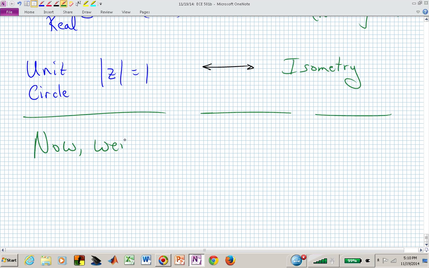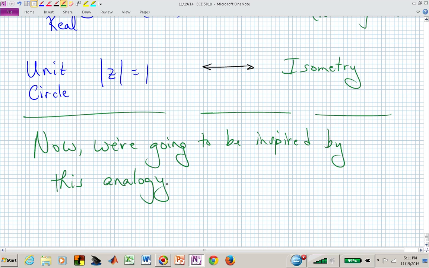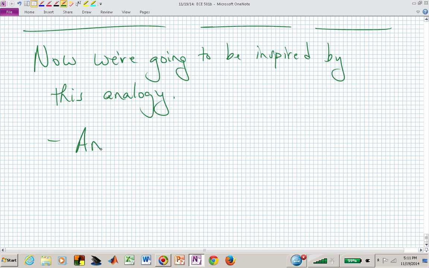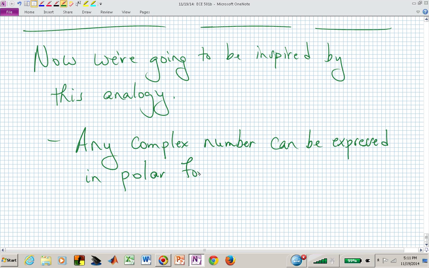Let's now use those to inspire us into how to think of these linear operators. Meaning, any complex number can be expressed in polar form.